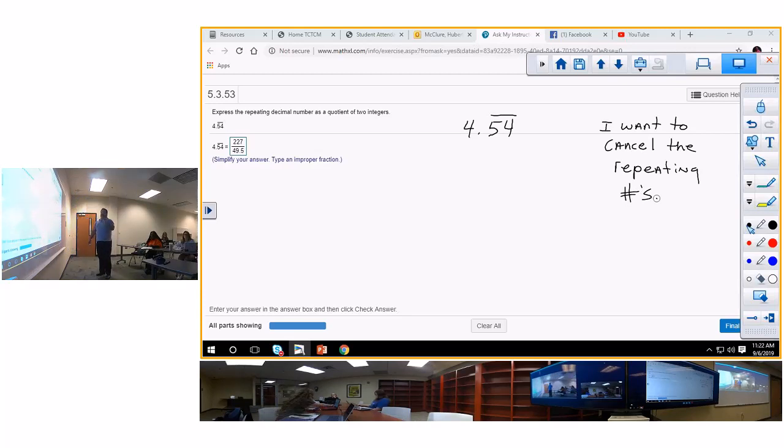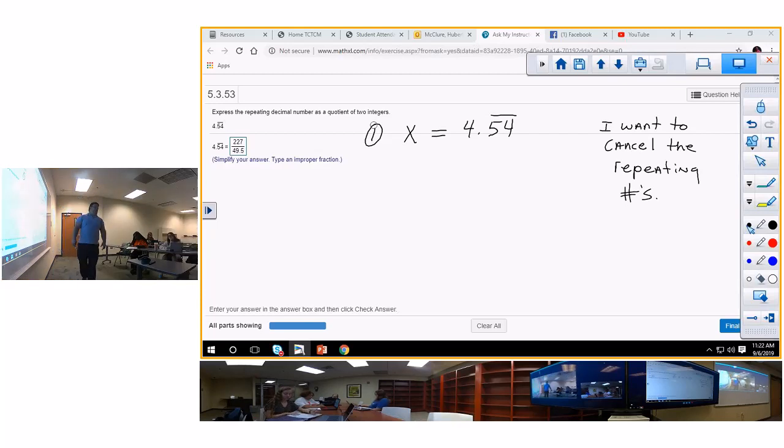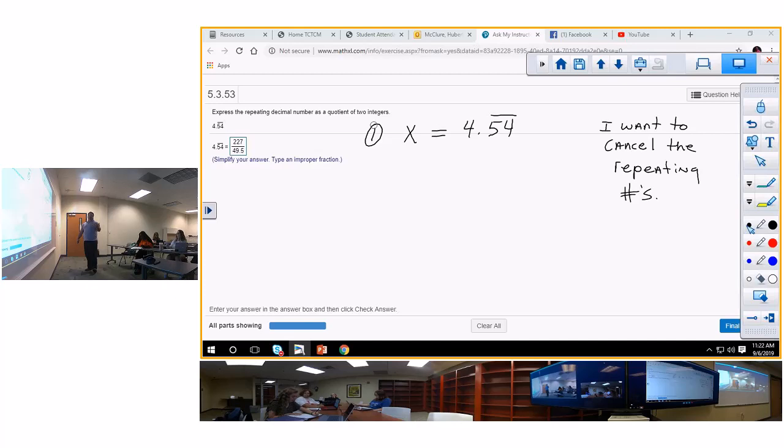So the first thing you do is you set this equal to X. That's number 1. You set it equal to X, or Y, or W, or Q, or T, or whatever you want to set it to. The two most used letters are N and X. I use X.